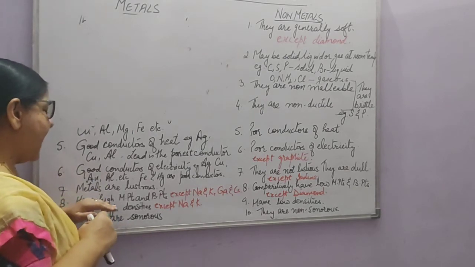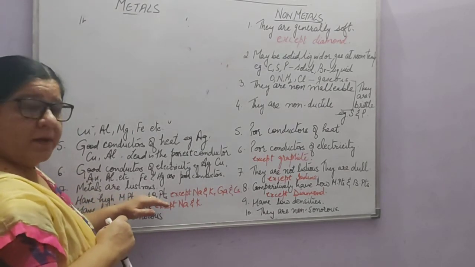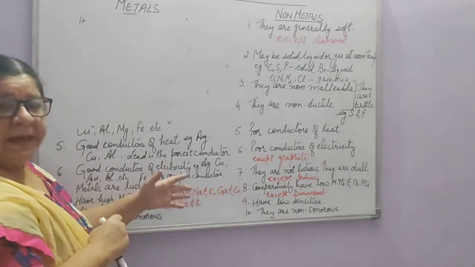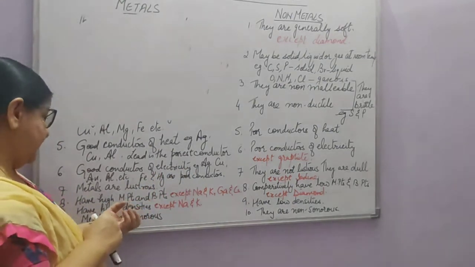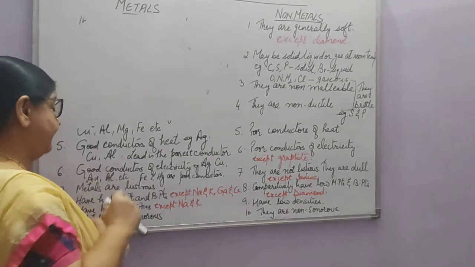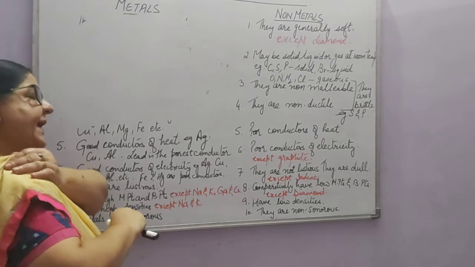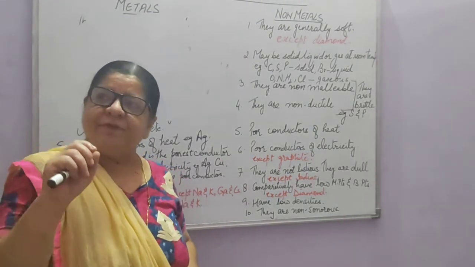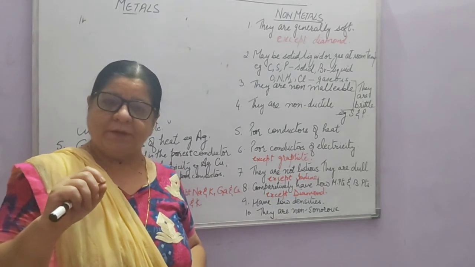Then metals have high melting points and boiling points, except sodium and potassium. They have of course low melting point and boiling point. And gallium and cesium, these two metals have very low melting point.